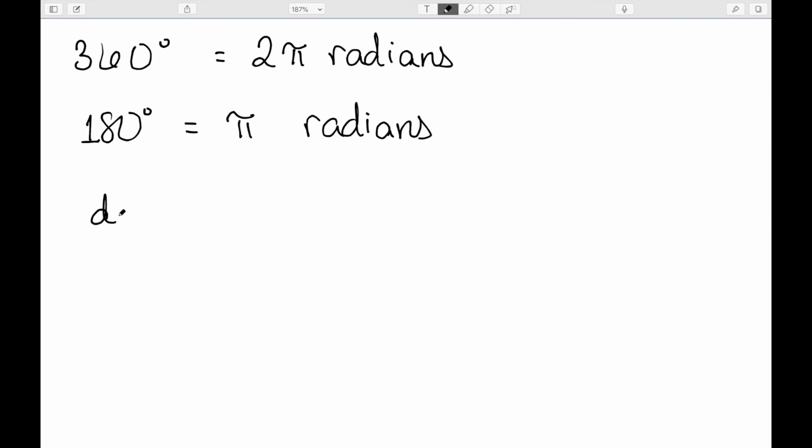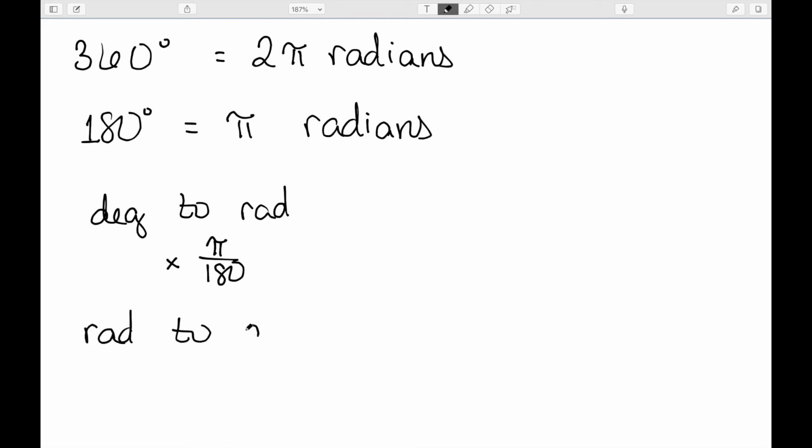So to go from degrees to radians, I have a given value of degrees, and I'm going to multiply it by pi over 180. To go from radians to degrees, I have a given angle in terms of radians, and I'm going to multiply it by 180 over pi. So let's look at some examples of this.